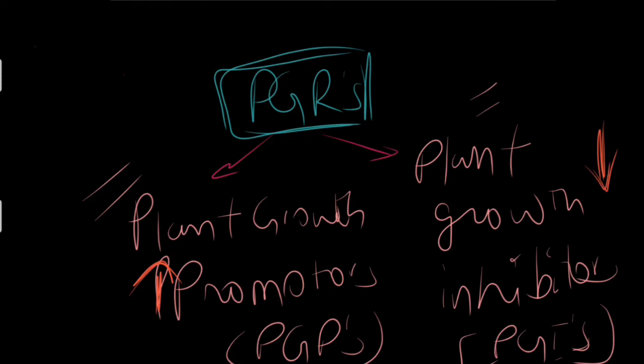So these are PGRs. Now let's see what the examples of these PGRs found in plants are. We have totally 5 to 6 PGRs which we have to discuss.